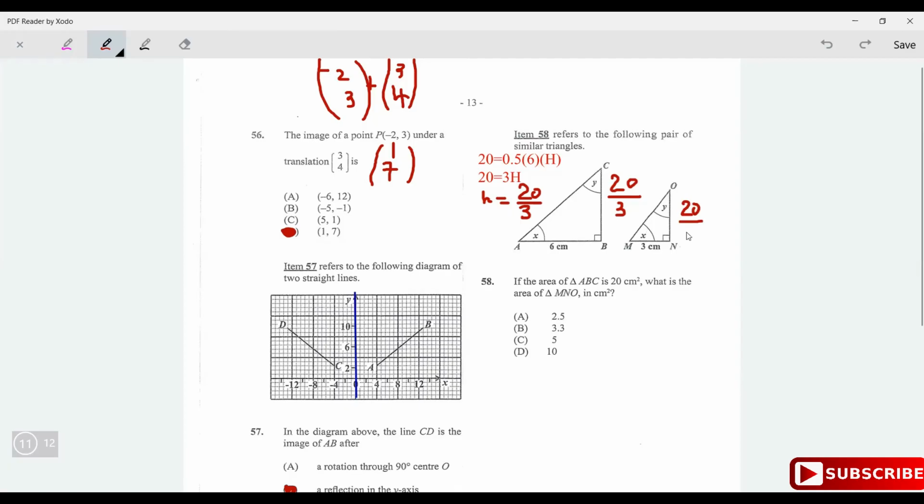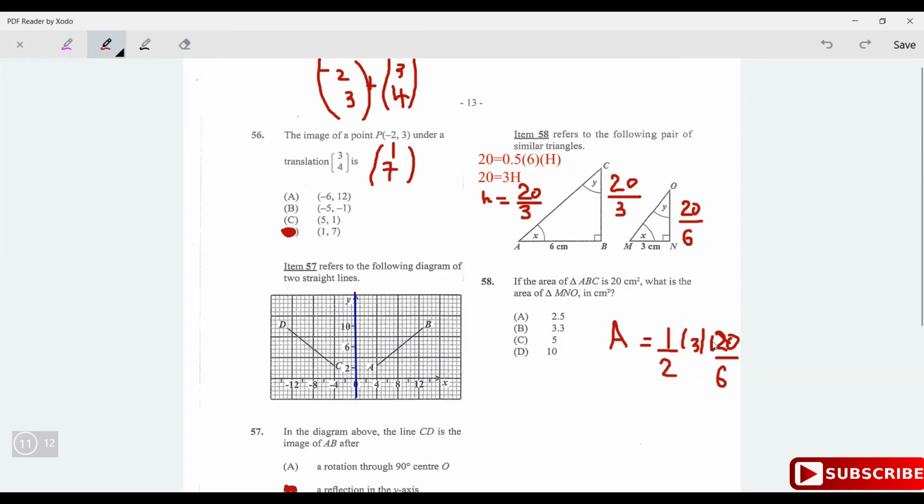If this height is 20 over 6, then the area of MON is going to be equal to a half the base times the height. So it's going to be a half of 3 times 20 over 6.